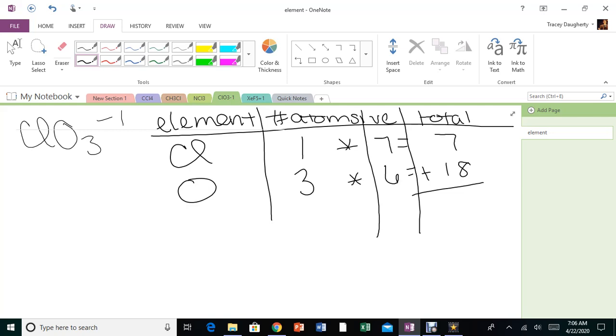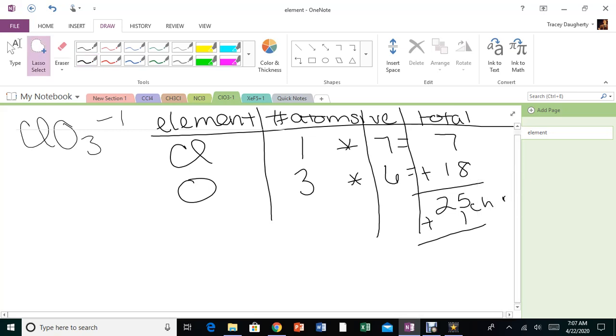So that is 25. And then what we're going to do is account for this charge. This -1 charge means that we have gained 1 electron somewhere. So we are going to add 1 electron, and again, that's the charge. So we've got 26 valence electrons.